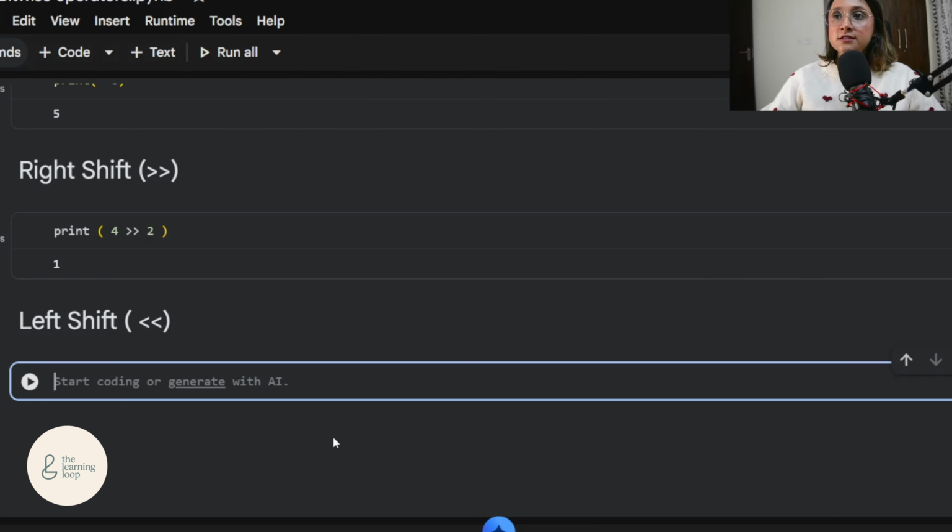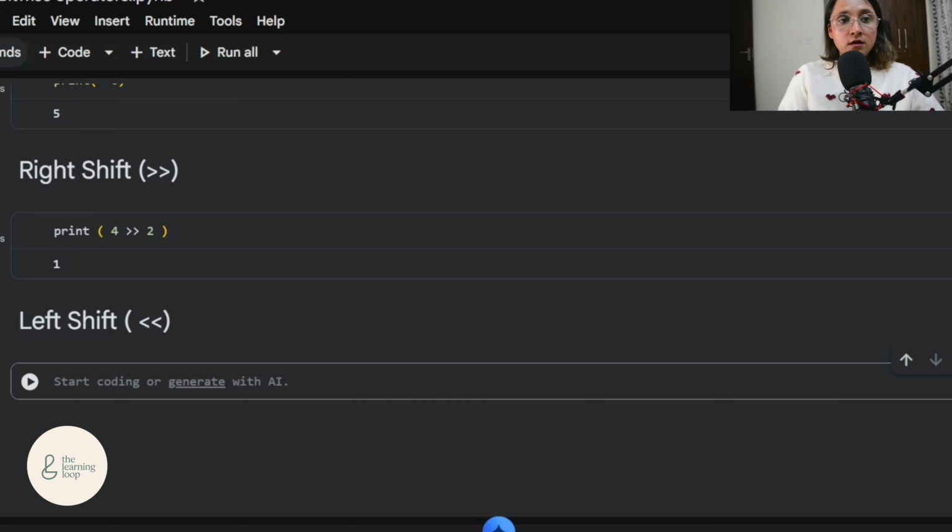So I'll take the same example again before I write the code. Let's say I have 4, and then I say 4 left shift 1. Okay. And 4 is represented as 0 1 0 0. If I say left shift, I want to move the bits to the left side. And how many bits do I want to move?